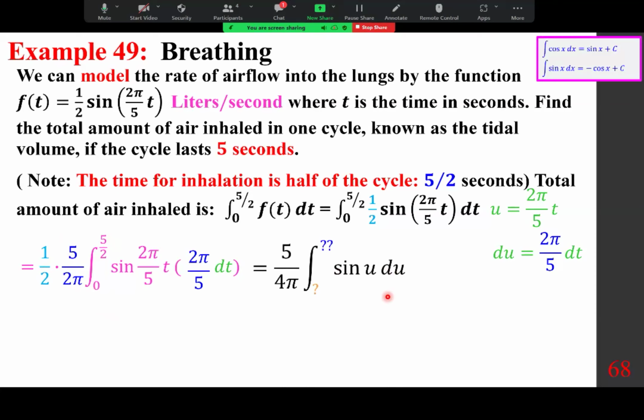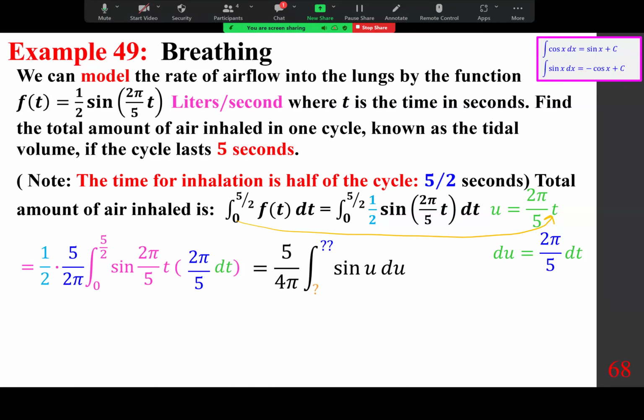The limits are not the old limits. What are the new limits? I'm going to discuss that in a moment. So this is 5 over 4π. Sine, the derivative is cosine. The integral is negative cosine u. So what are the new limits? If I put 0 instead of t, I get 0.